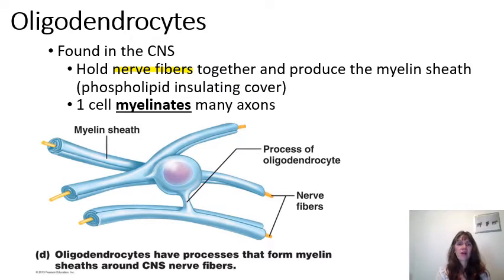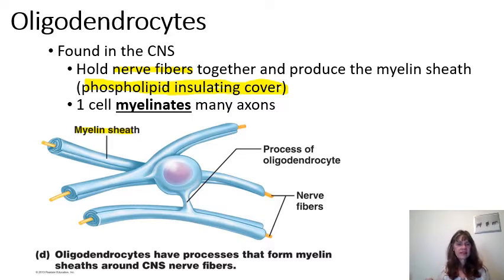Oligodendrocytes wrap their membranes around the axons, producing a covering known as a myelin sheath. This membrane has a high concentration of phospholipids, and fat works as a great insulator. Oligodendrocytes help to myelinate axons in the central nervous system.